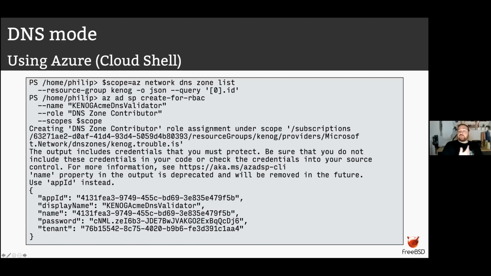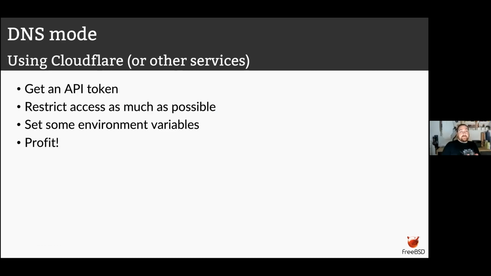And it's fun. If you wanted to do this with any other free DNS provider or with your own DNS provider, you can go and do that as well. Using Cloudflare, it works exactly the same way. You get an API token and you restrict access to it as much as possible, and you set some environment variables and you're done.